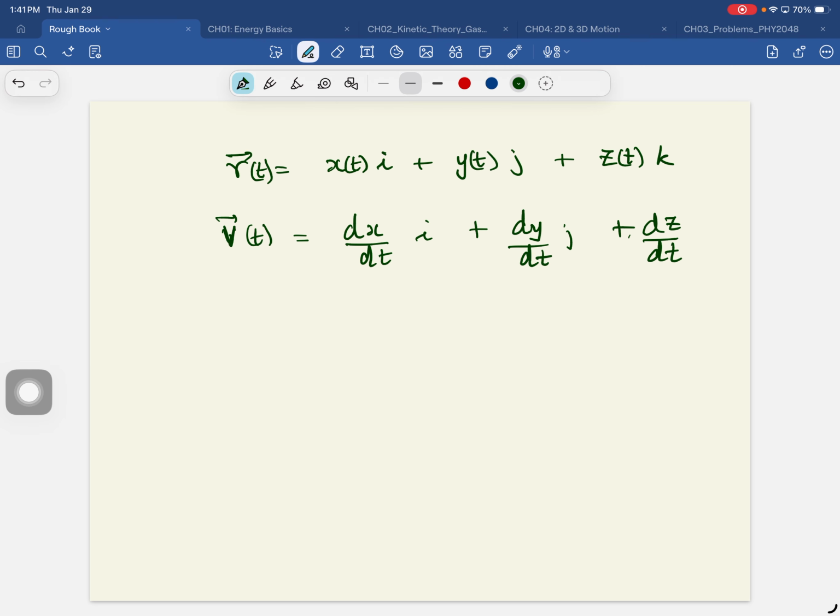So you accelerate when your velocity changes with time.